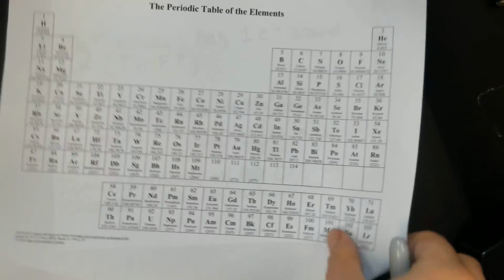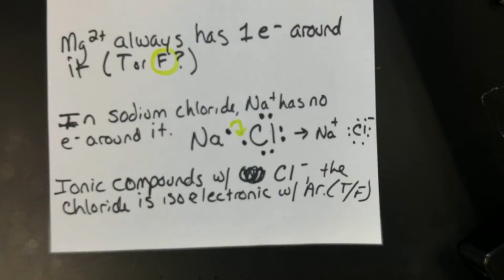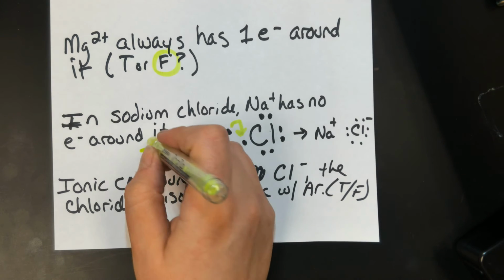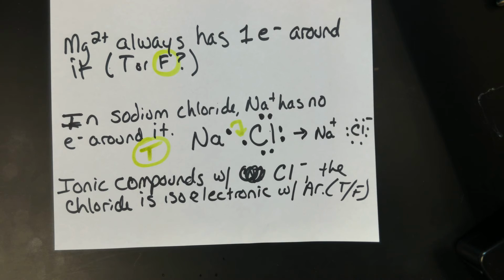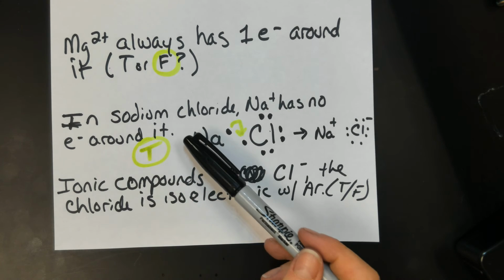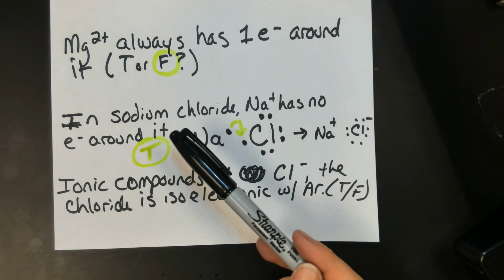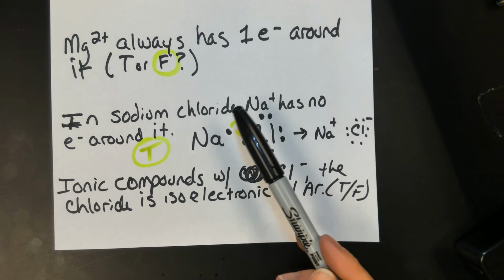So I'll just give the answer away here. The answer that it has here on the homework is true. The way that it is worded is very poorly, in my opinion. It's true. What I would reword this to is, in sodium chloride Na plus has an octet, is what I would say.